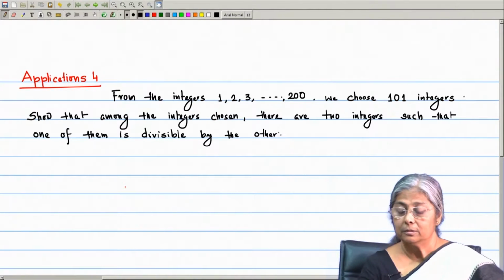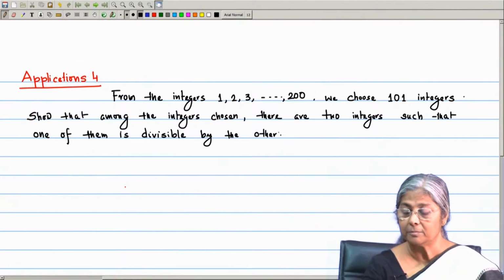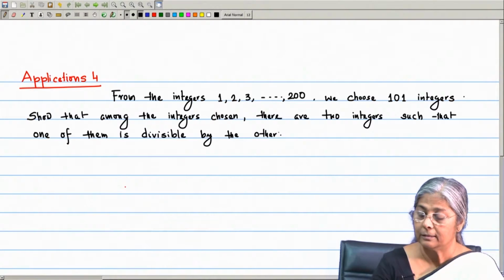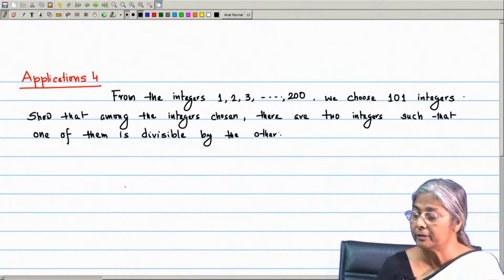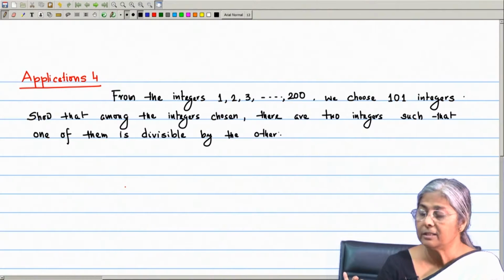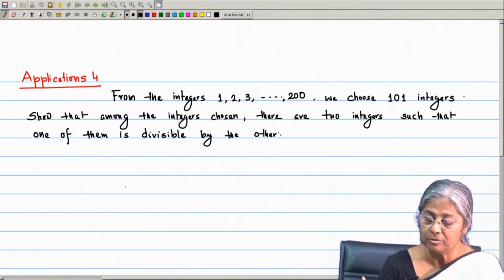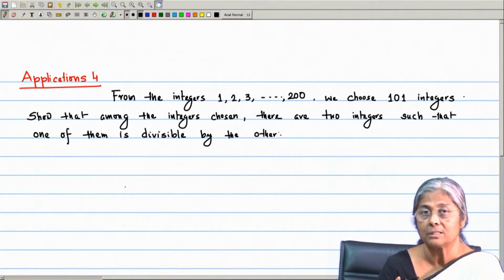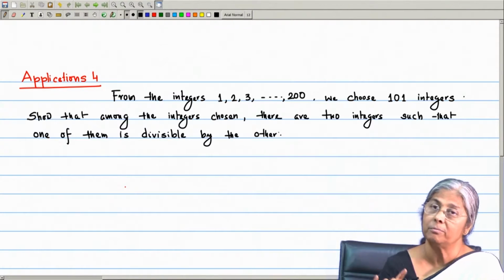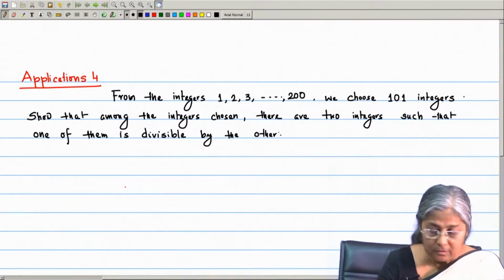So, again I repeat the problem statement: we have the integers 1 to 200 and we choose any 101 integers. We have to show that among these 101 integers there are always 2 integers such that one will be divisible by the other.